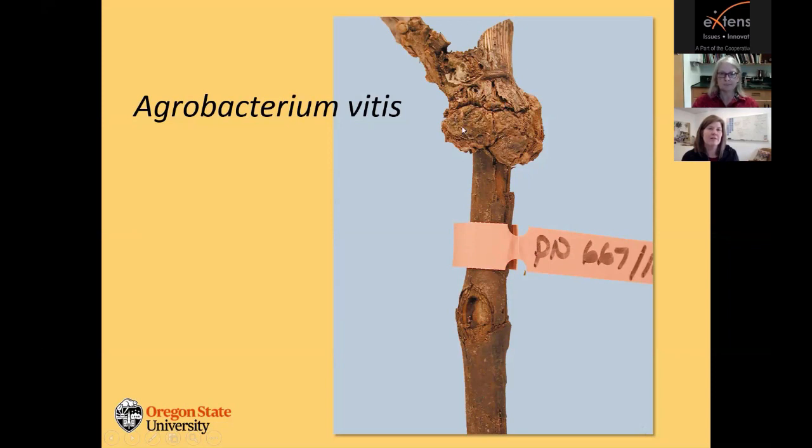And there was something that happened and allowed the bacteria to get in at the graft union, and then you got this nasty old gall. So this is one of those examples of a plant where the bacterium can be systemic, which is not very good if you're trying to grow grapes, because it is detrimental to grapes. All right.